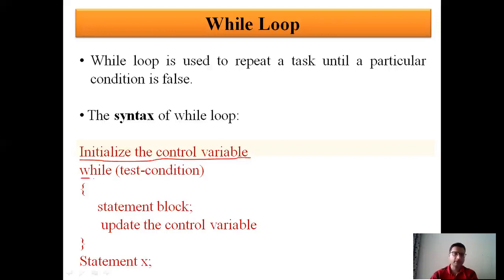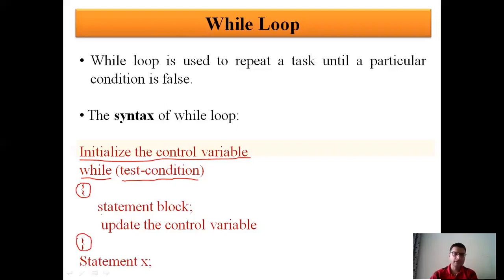Then we have a keyword while, and inside the bracket I think you can see the difference. In case of for loop, we were having three components, but in case of while loop, we are having only one component, and that is test condition. Then this is the starting of the loop, and at last we have a closing brace. This is the ending of the loop.